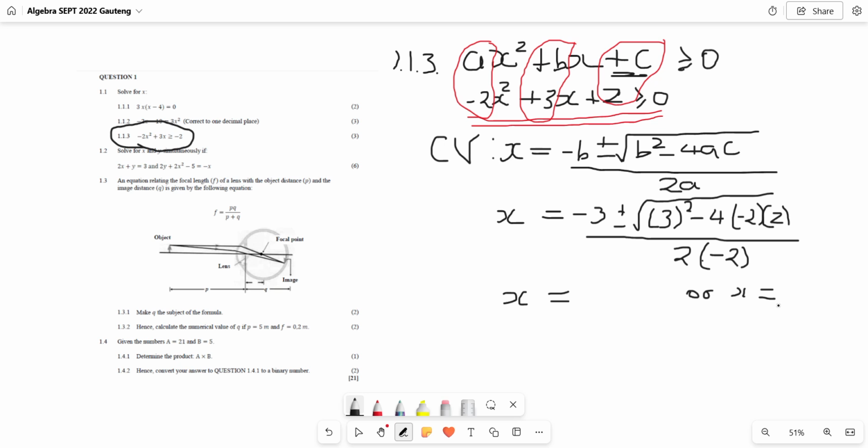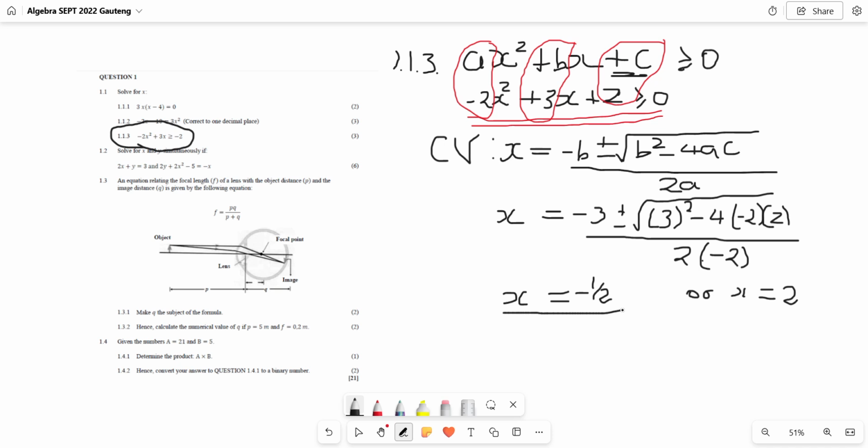Fraction, negative 3 plus square root, 3 all squared minus 4 open bracket negative 2 close bracket open bracket 2, then 2 multiplied by negative 2. The first critical value that we have is x equals negative 1/2, which is our smallest critical value, negative half. The second critical value is x equals 2.